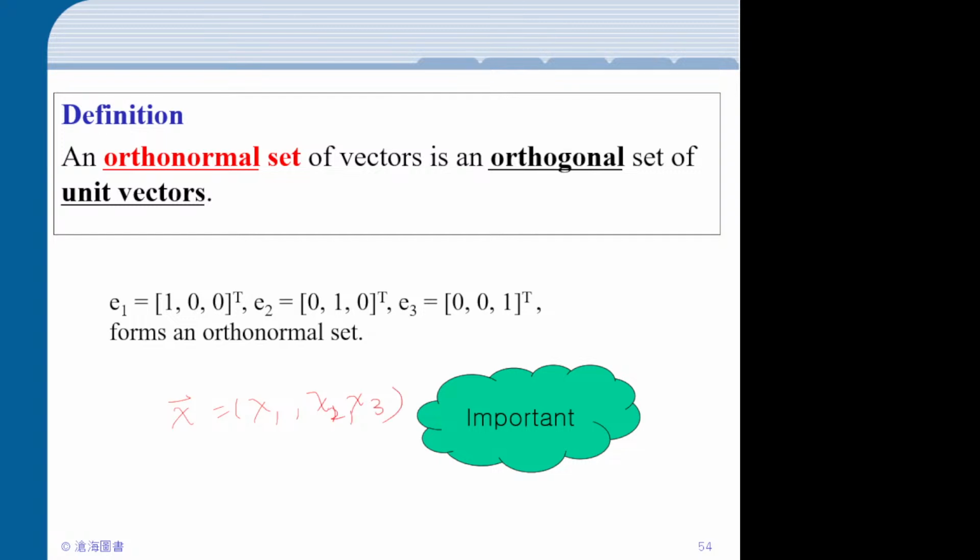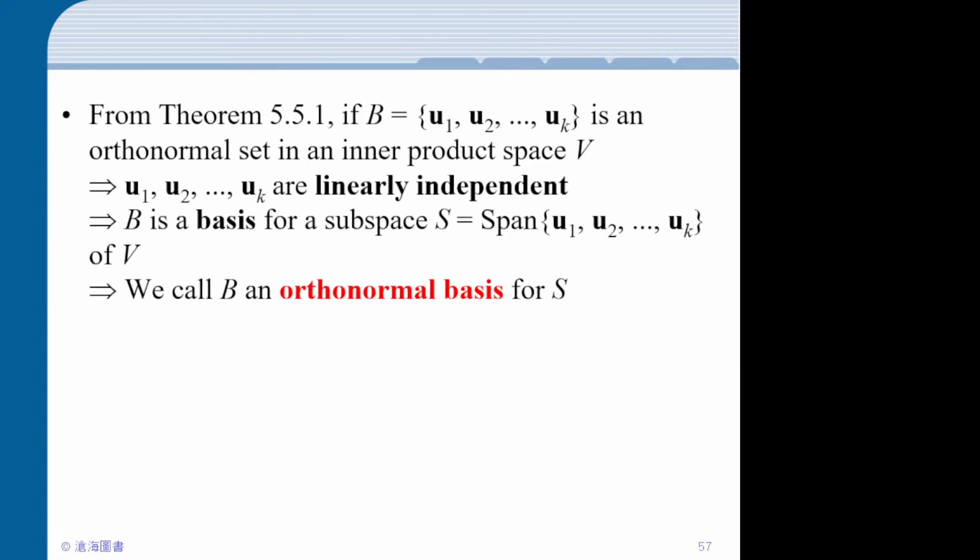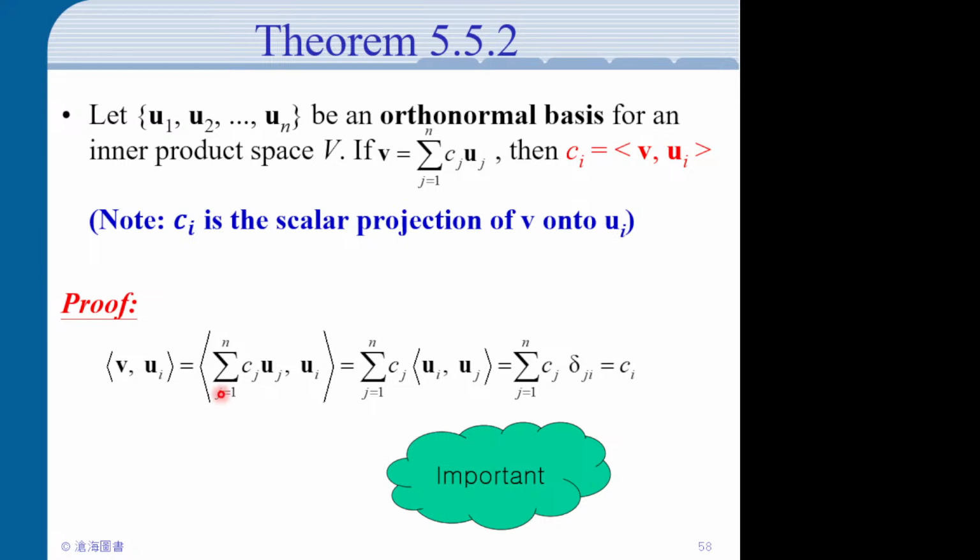And the coefficient on E1 will be just x1, that's the inner product of E1 with your x. The coefficient on E2 will be x2, that's the inner product of E2 with your x. And the coefficient on E3 will be x3, that's the inner product of E3 and your x vector.